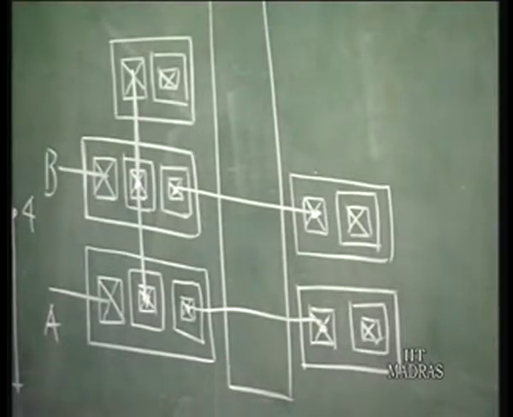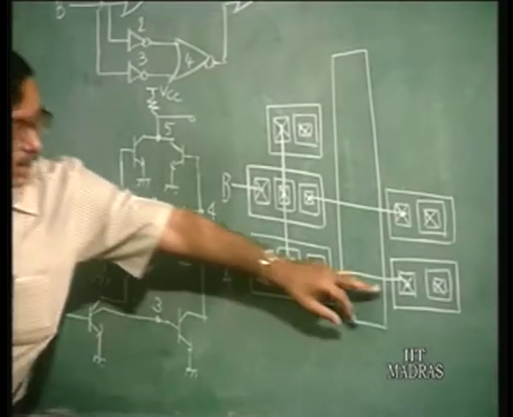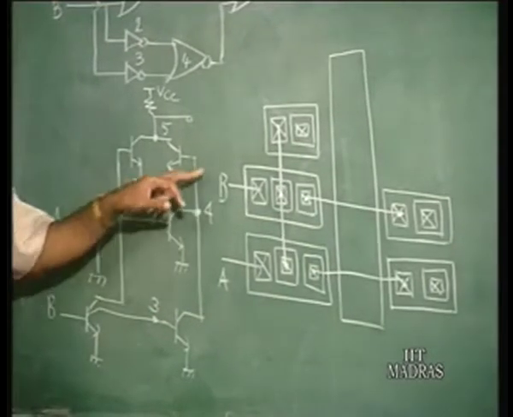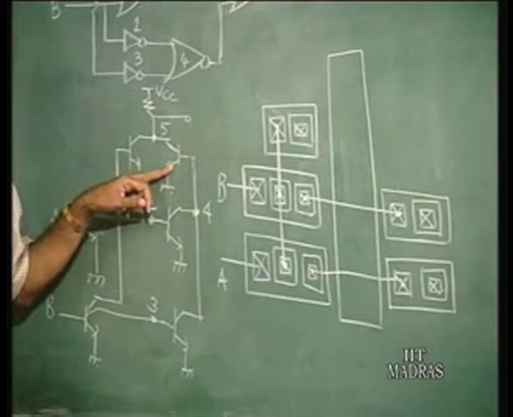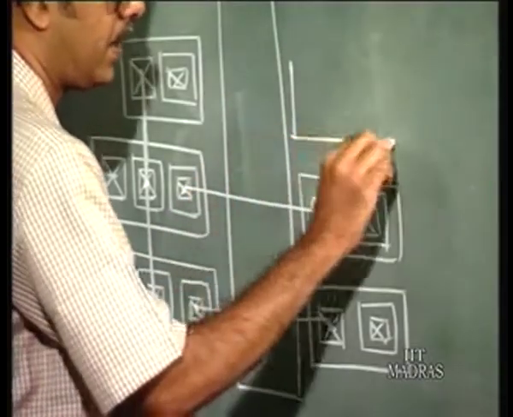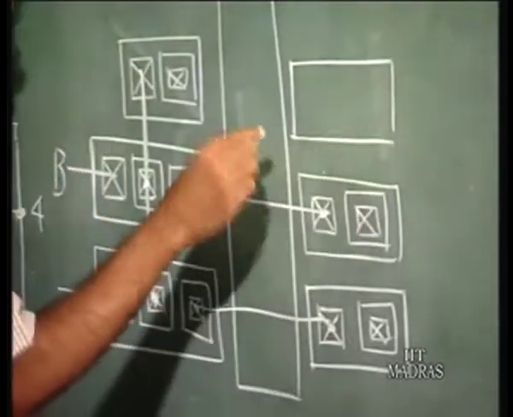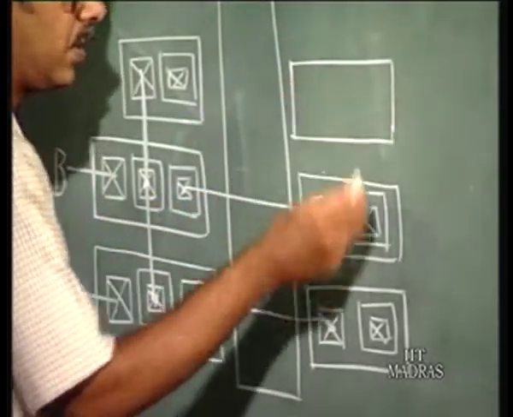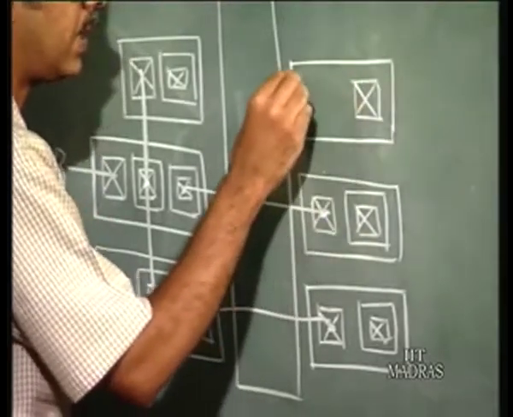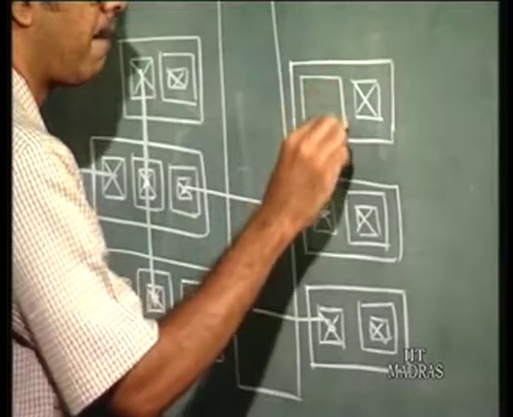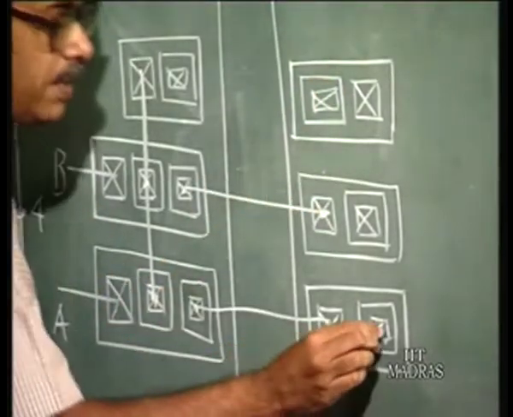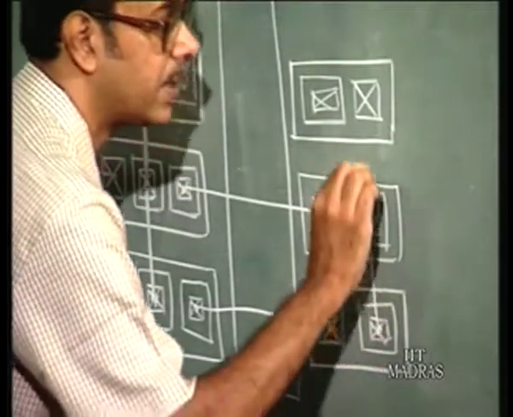And then for these transistors again the collectors are shorted, and it goes to the base of another transistor. So there is, and this transistor also has just one collector. So these collectors would be shorted and going to the base. So I draw the base this side and the collector here. So these collectors are shorted and go to the base here.